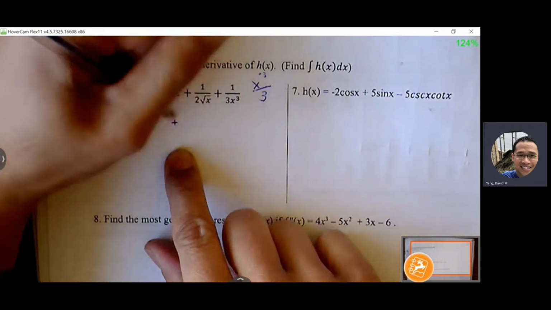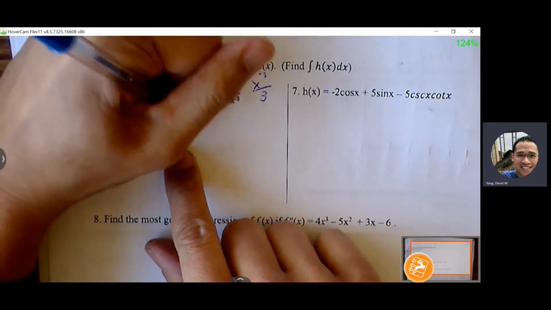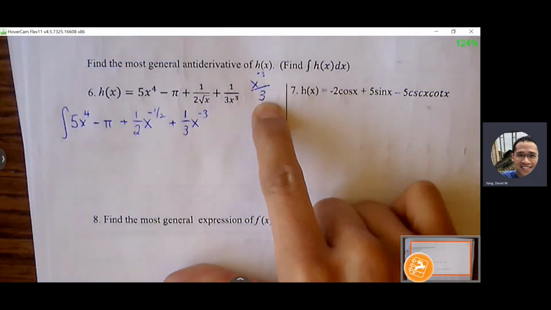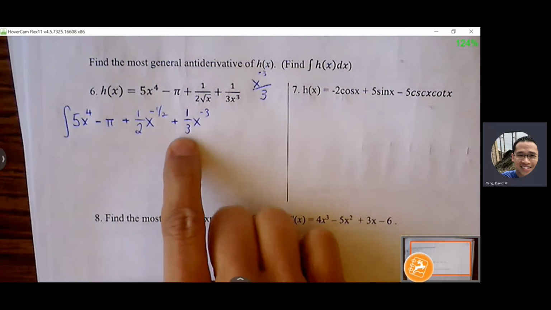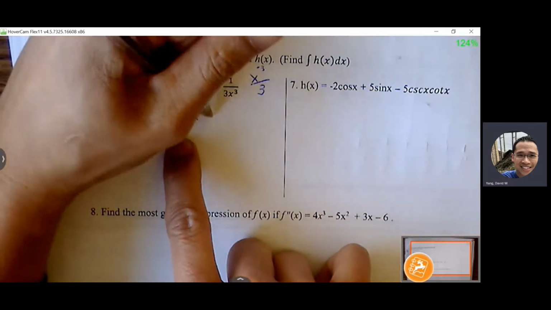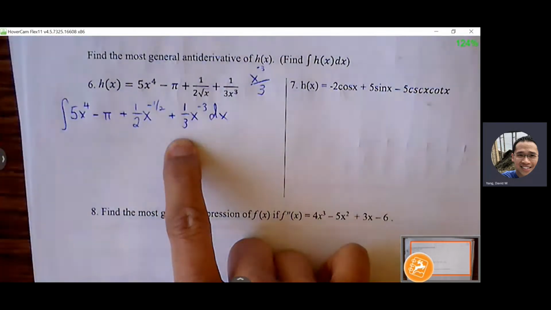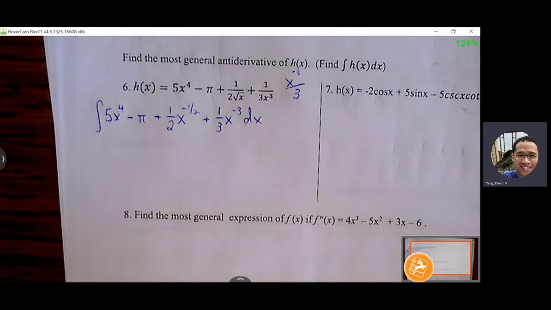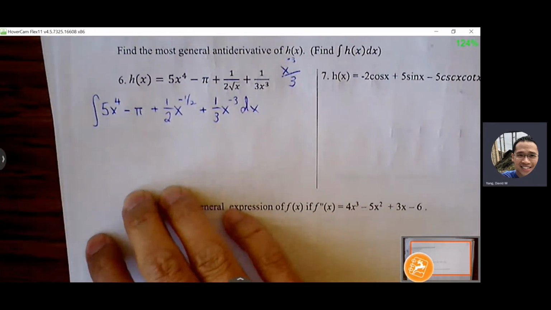I want to continue to remind you that a lot of us get thrown off looking at this, going, wait, can I do power rule here? You can, it just looks a little strange, so push it out in front. You haven't changed anything, you've just made it easier visually for your power rule. Okay, everything is set up and ready for power rule. Now we can jump into our calculus step.